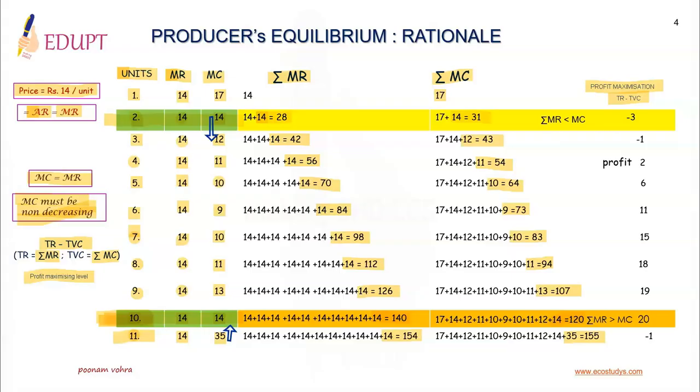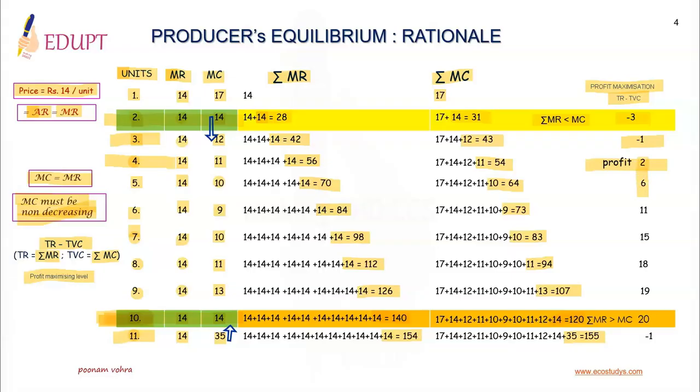After finding the difference between the summation of marginal revenue and the summation of marginal cost, one finds that till 3 units of output, the summation of marginal revenue is less than the summation of marginal cost. It is only from the 4th unit that profit is earned, which is equivalent to 2.